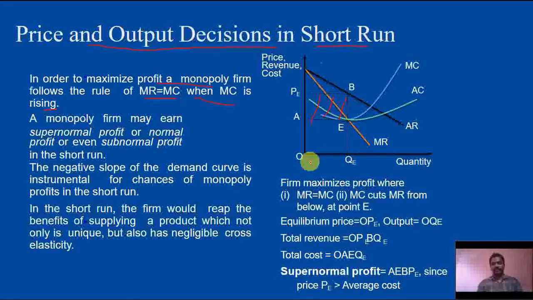Now this much is the supernormal profit they are going to derive in the short run, since the price PE is greater than average cost. Here in the short run the firm would reap the benefits of supplying a product which is not only unique but also has negligible cross elasticity, because the cross elasticity in a monopoly is zero, that we already learned.